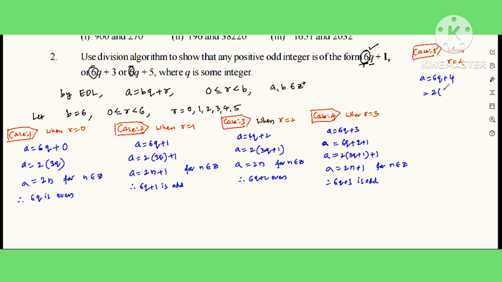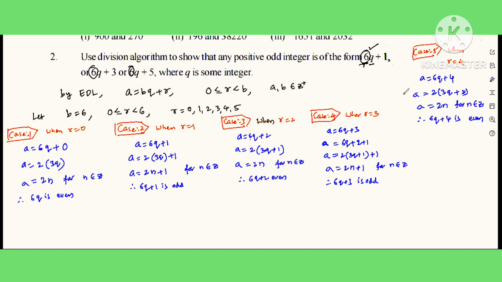That is 2 into, here we get 2 common in both terms, 2 into 3q plus 2. So 2 into some integer, for n belongs to Z. So this is which form? Even. Therefore 6q plus 4 is even.